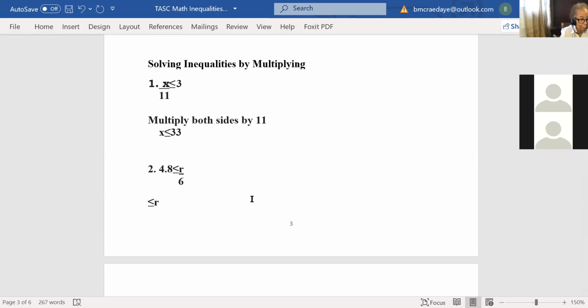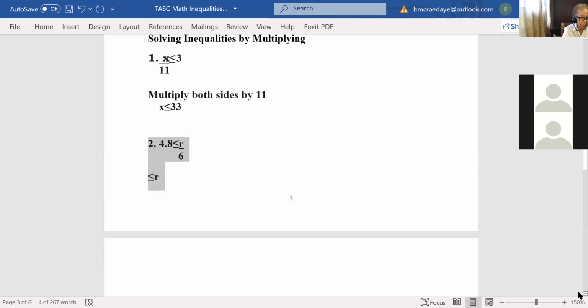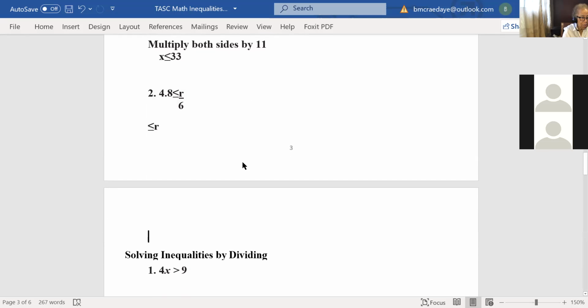So what do we multiply by? No, this is 4.8 less than or equal to R over 6. Let me copy this to the next screen. So there's my less than or equal, there's my R.